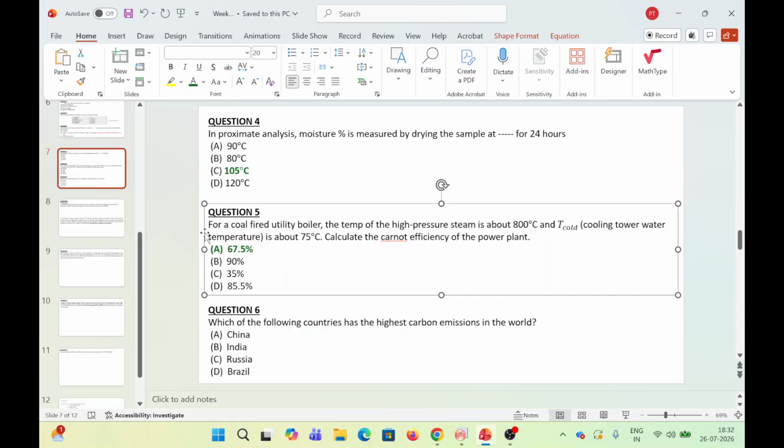So next question is simpler. Which of the following countries has the highest carbon emissions in the world? China, India, Russia, Brazil.